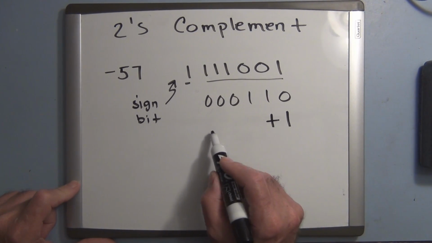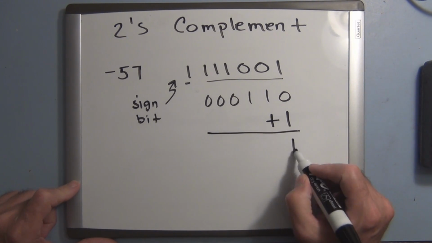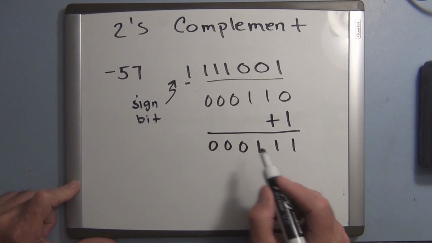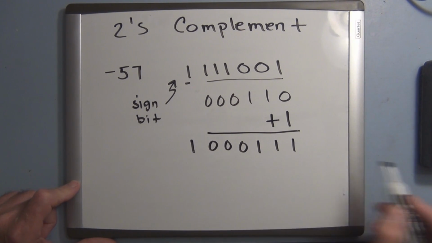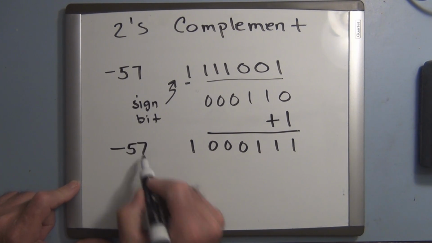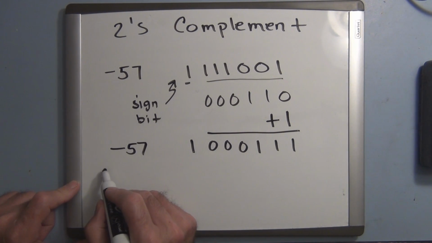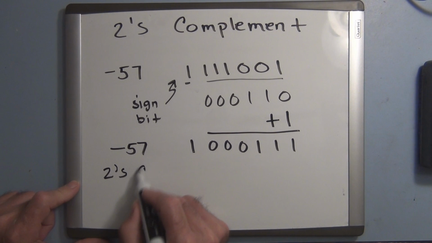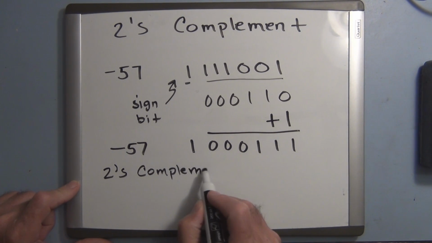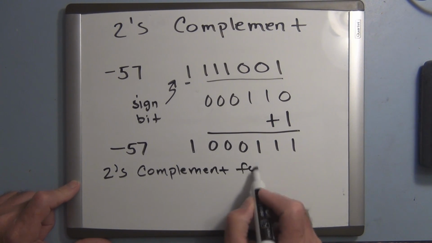So here we have 1, 1, 1, 0, 0, 0, and we have the sign bit. So this is now minus 57 in 2's complement form.